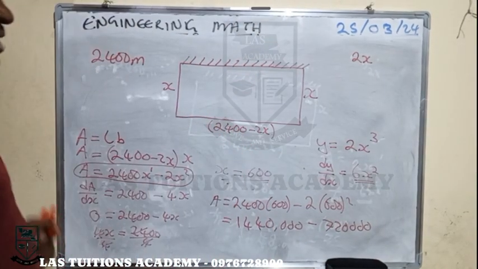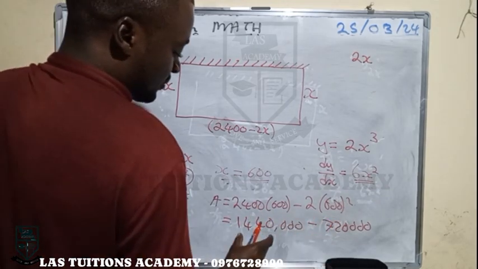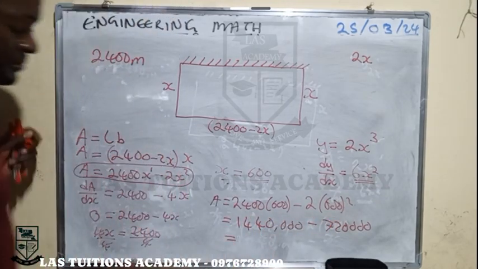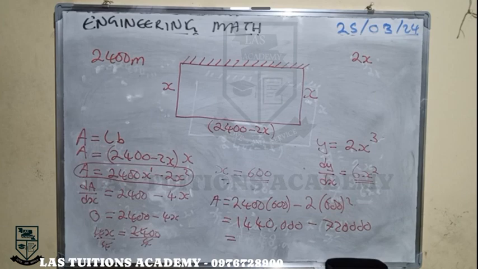So when you subtract 720,000 from this, what do you get? I guess you get the same 720.